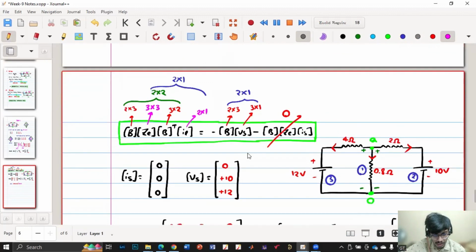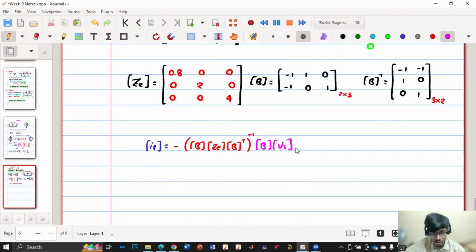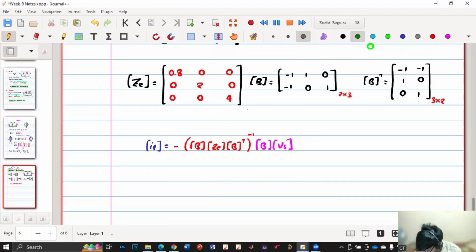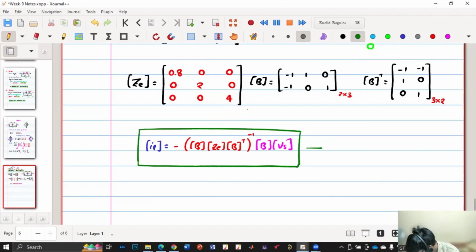Yes, sir. This part is 0, so this part I'm inverting and it will come before this. So minus into this inverse into B into Vs. So this is our fundamental loop current.